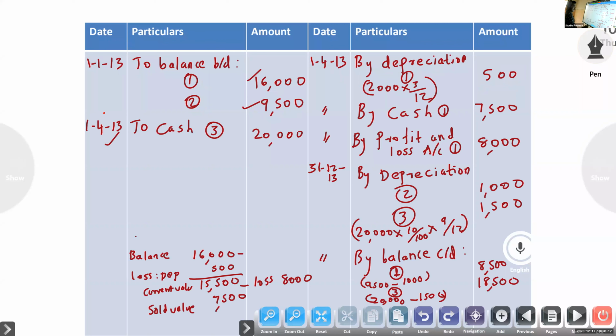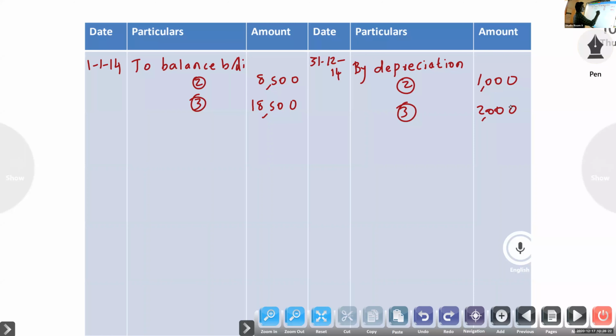That is where you will make a mistake. Last year 9 months used, this year full. Understand? So 20,000 at 10%. Now by balance CD.